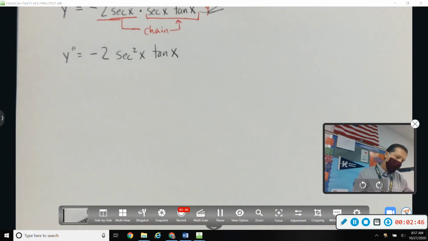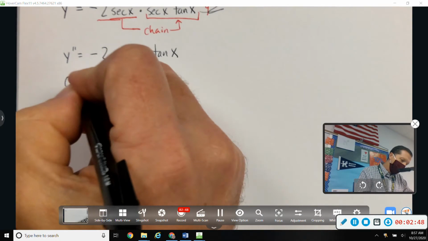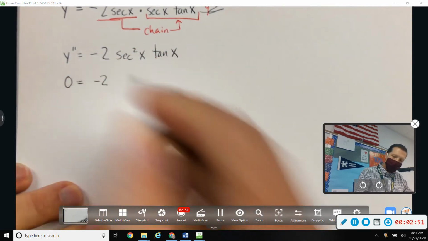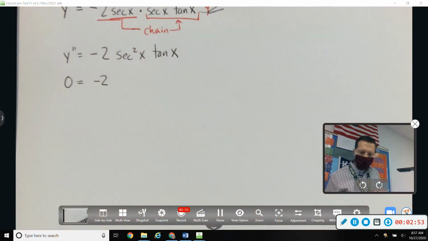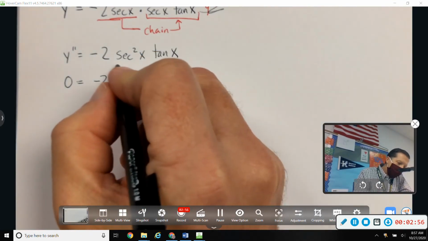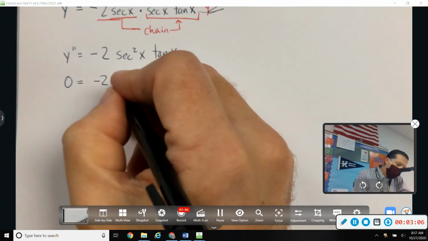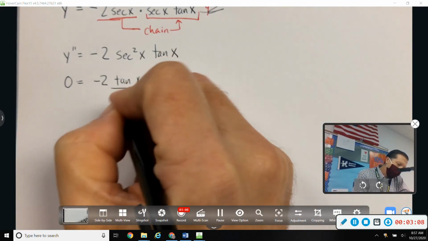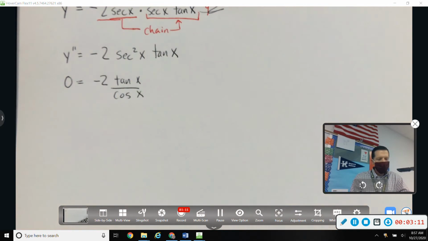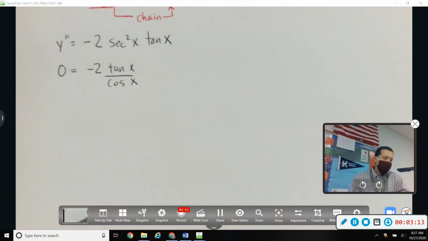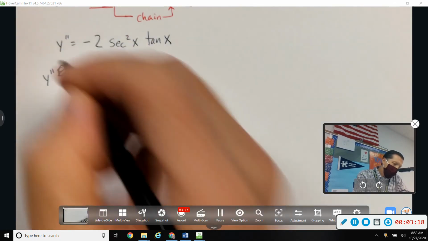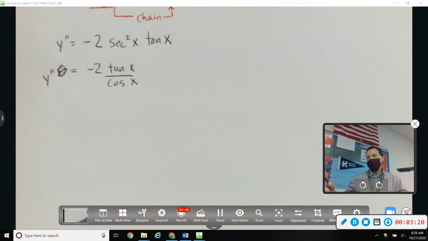And concavity intervals. So we want to know where this thing is 0 or undefined. You know what might be easier? Instead of having secant, what's secant partnered with? Who is his reciprocal buddy? Cosine. So let's rewrite this as tangent of x over cosine of x. Because I'm thinking ahead, I'm going to need zeros at the top and zeros at the bottom.